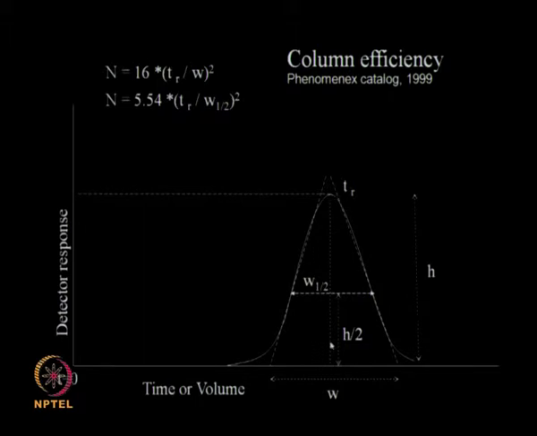That means if this is the maximum height of the peak, half the maximum is this, so the width measured here is called the width at half maximum. Why do we need all this? We can calculate a term called theoretical plates. Theoretical plates tell you the efficiency of the column. The more the number of theoretical plates, the more is the efficiency.